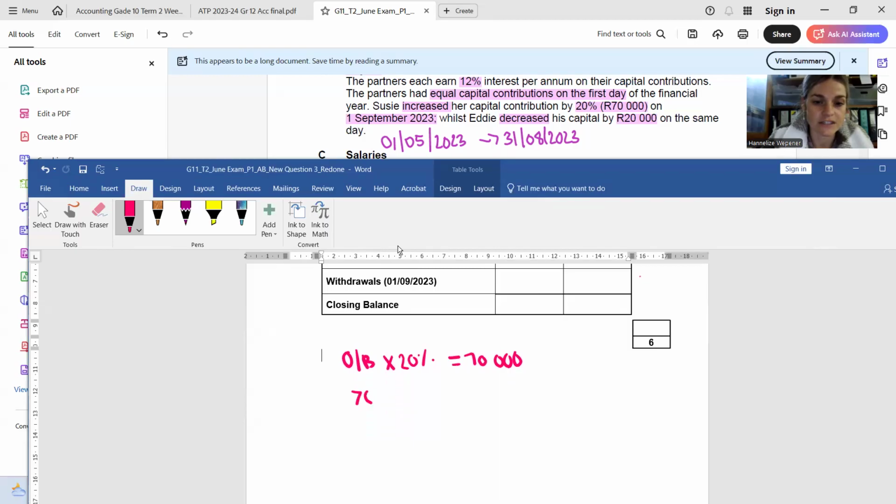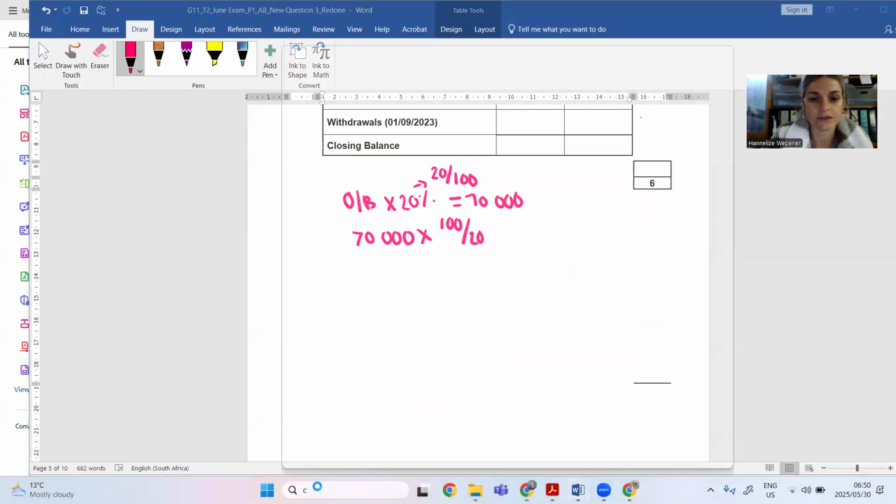We're going to say 70,000 Rand times by 100 divided by 20. Because remember over here, this is 20 divided by 100. So in order to do the inverse, we need to flip that and say that it's times by 100 divided by 20.